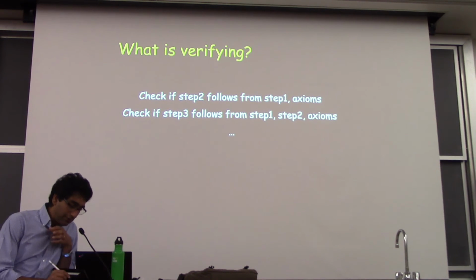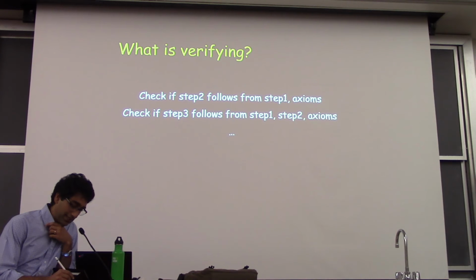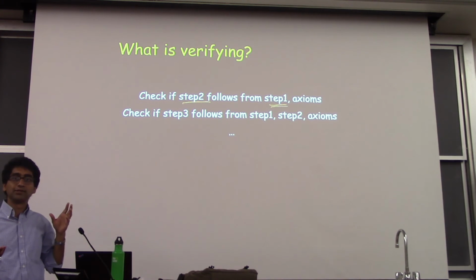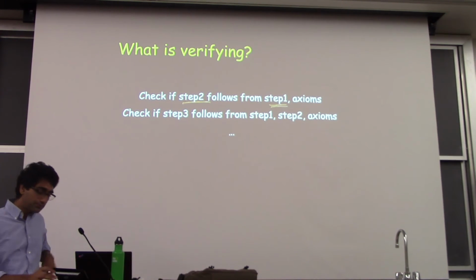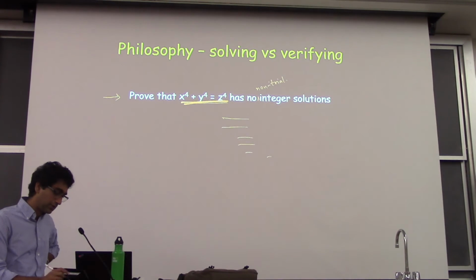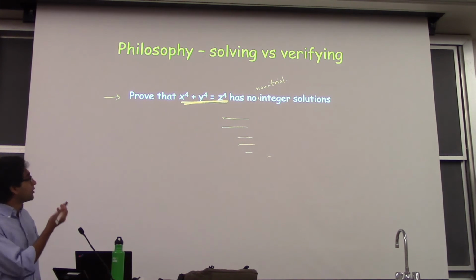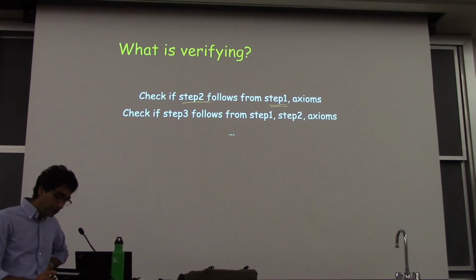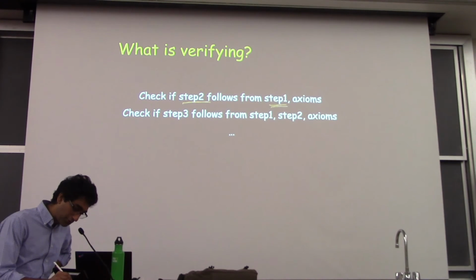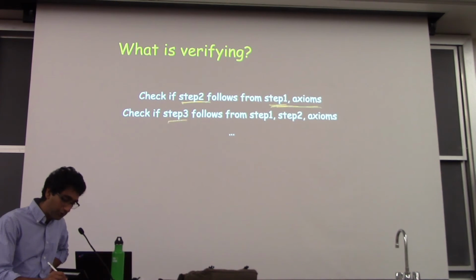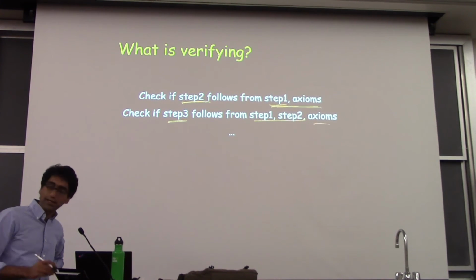Verification is simple. You first check if step 2 follows from step 1 and whatever axioms you've assumed about the integers. It's a statement about integers, so there are some axioms we know about integers. You check if step 2 follows from step 1 and these axioms, and then you check if step 3 follows from these two steps and the axioms, and so on.